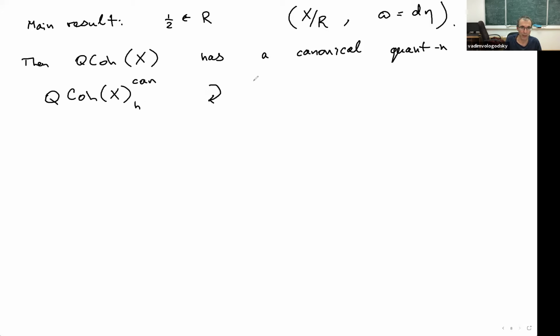I consider all automorphism pairs phi, s, where s is a function on X, and phi is an automorphism of X, with the following property: phi upper star of eta minus eta is not zero, but it's the differential of s.